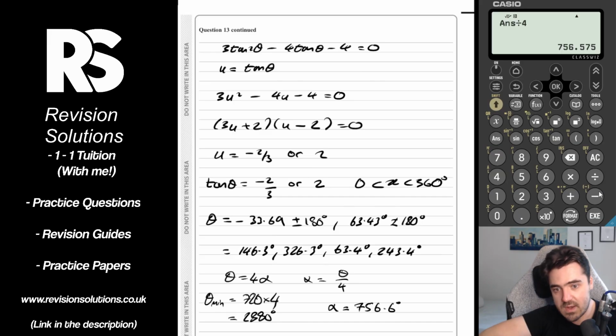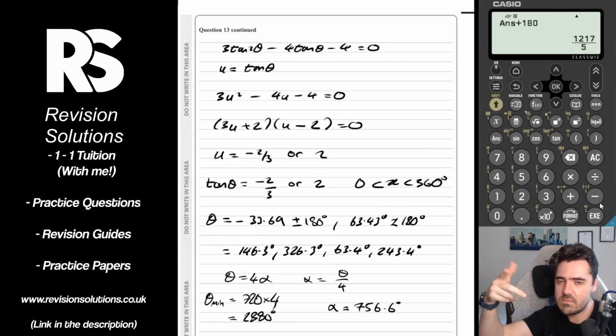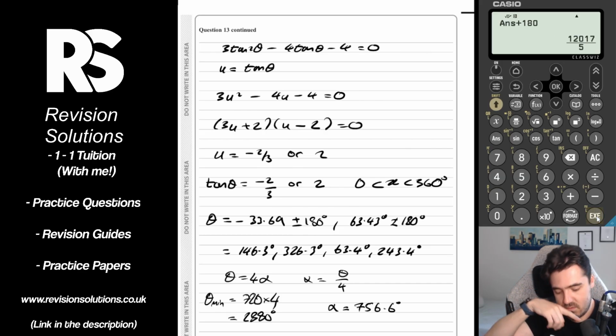Let's go for the other one now. 63.4 plus 180. But if it's all over 5, we can just times by 2 and then divide by 10. So we're going to need to go a bit farther past than last time.